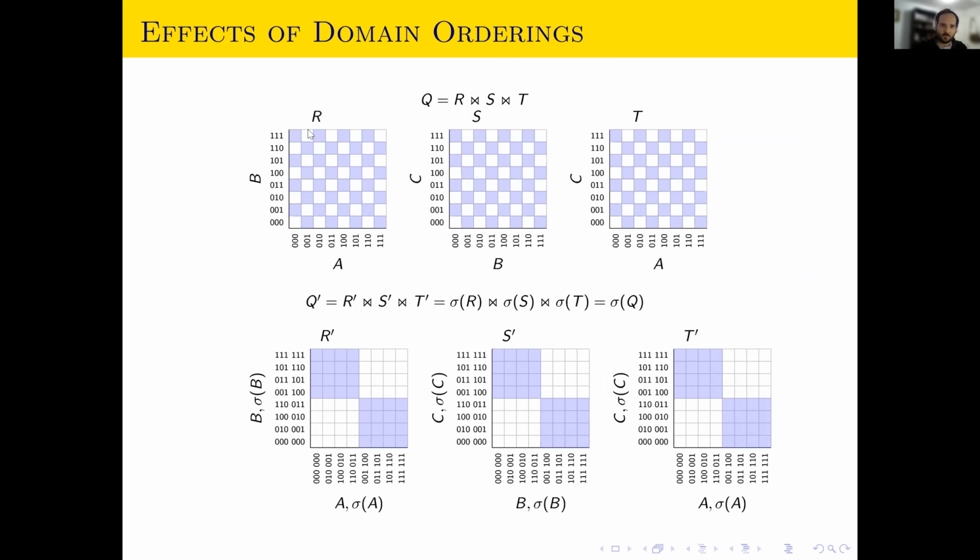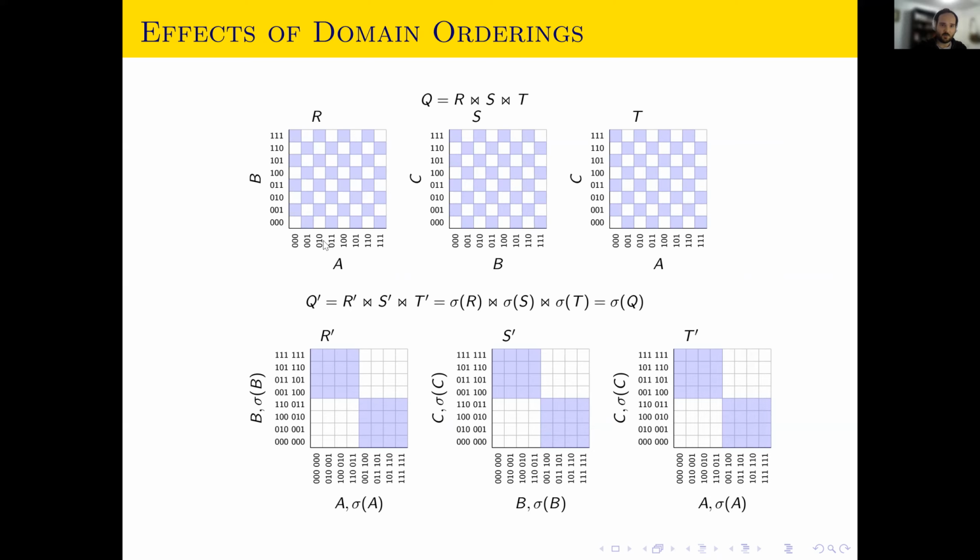It's also important to note that the ordering of the domains of the input has a large effect on the box cover and certificate size. These top 3 relations form a query Q, R join S join T. You can notice that each input relation is formed in a checkerboard-like pattern. In this example, any box cover and any certificate is going to be approximately equal to the input size, which is about as large as box covers and certificates can get.